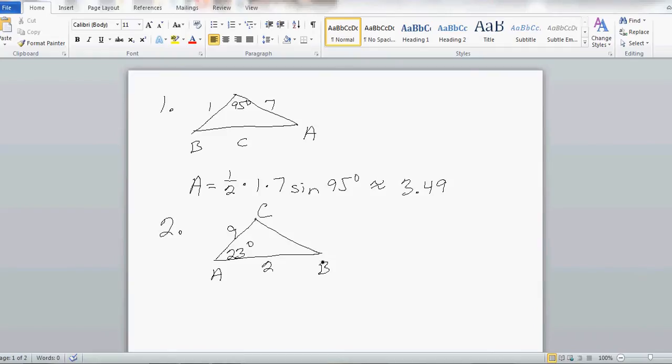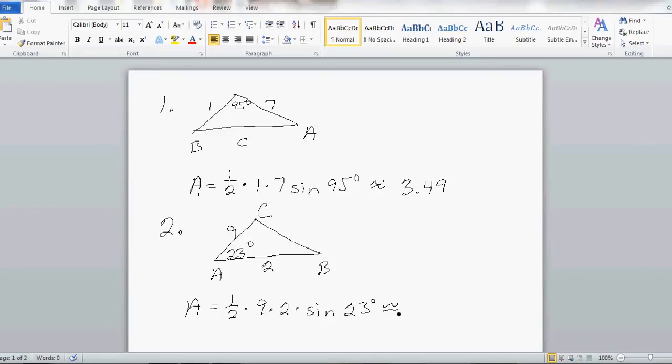Here we have two sides and the included angle. So the area is equal to 1/2 times the two sides we know multiplied together times the sine of the included angle.